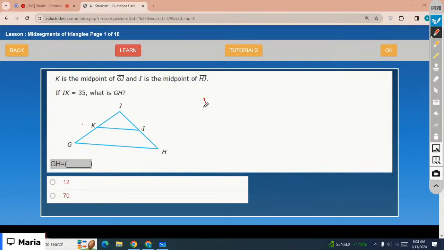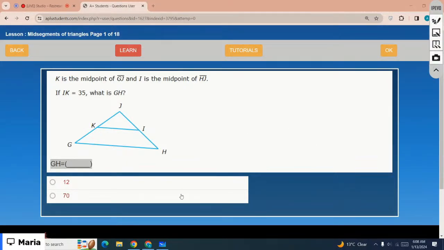You are given IK equals 35. That means GH is twice IK, 2 times 35, and the correct option is 70. That means the length of GH is 70. Got it?